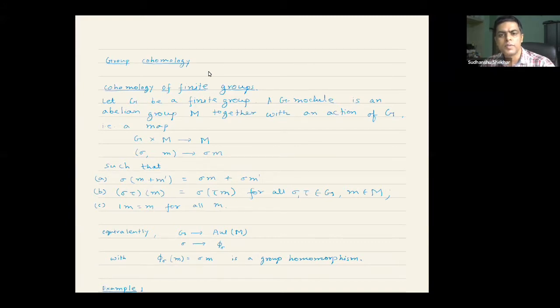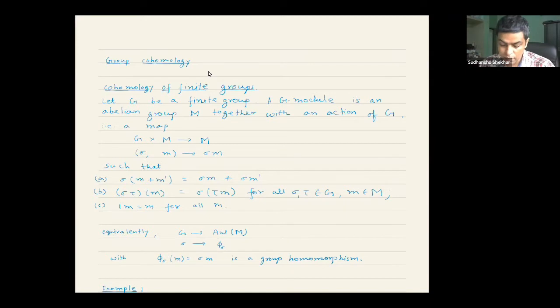Let G be a finite group, and a G-module M is a module together with an action of G, that is, a map from G cross M to M, satisfying these properties: sigma of (m plus m prime) equals sigma m plus sigma m prime, and (sigma tau) m is equal to sigma (tau m) for all sigma, tau belonging to G and m belonging to M, and the identity fixes all the m.